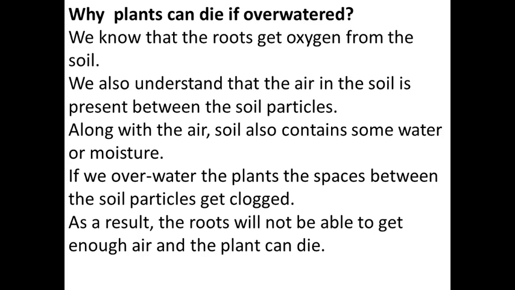In the soil, air, water, moisture all are present. And if we overwater the plants, the spaces between the soil particles get clogged. So roots will not be able to get enough air and the plant will die. That you should learn for the give reason question. Plants can die if overwatered because, write down your points.